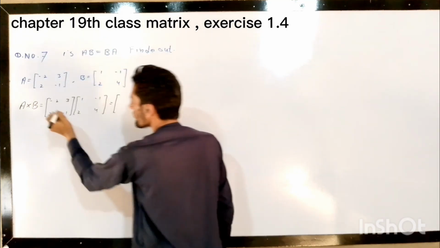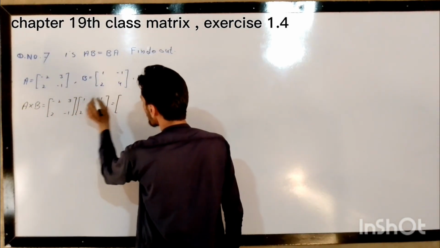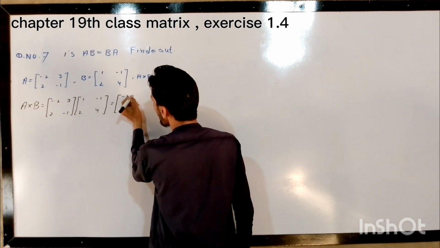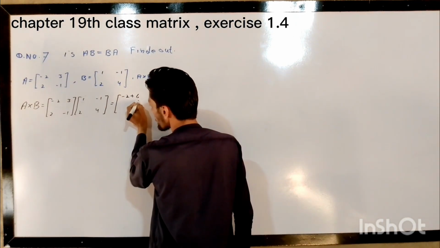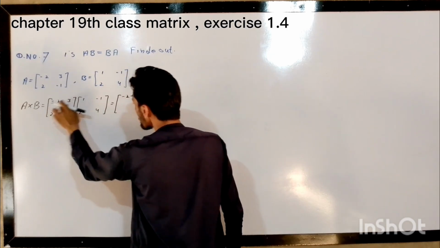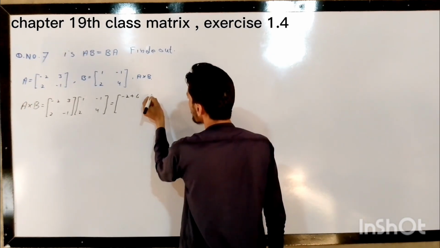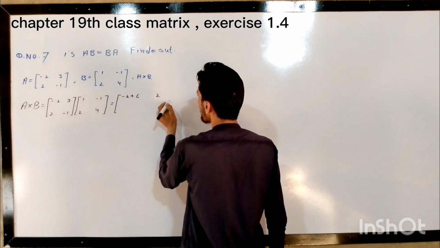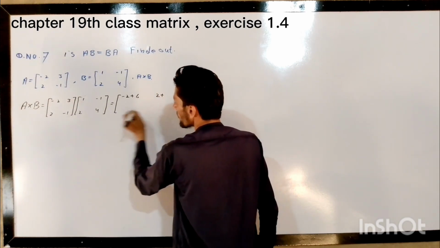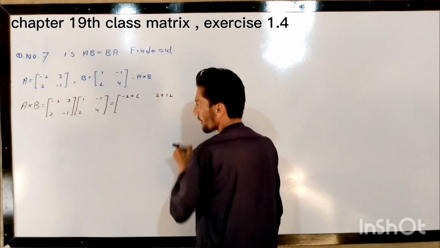So the multiplication will be minus 2 cross 1 will be equal to minus 2 plus 3 cross 2 will be equal to 6. Right here, minus 2 minus 1 will be equal to 2 and 3 and 4 will be equal to 12.